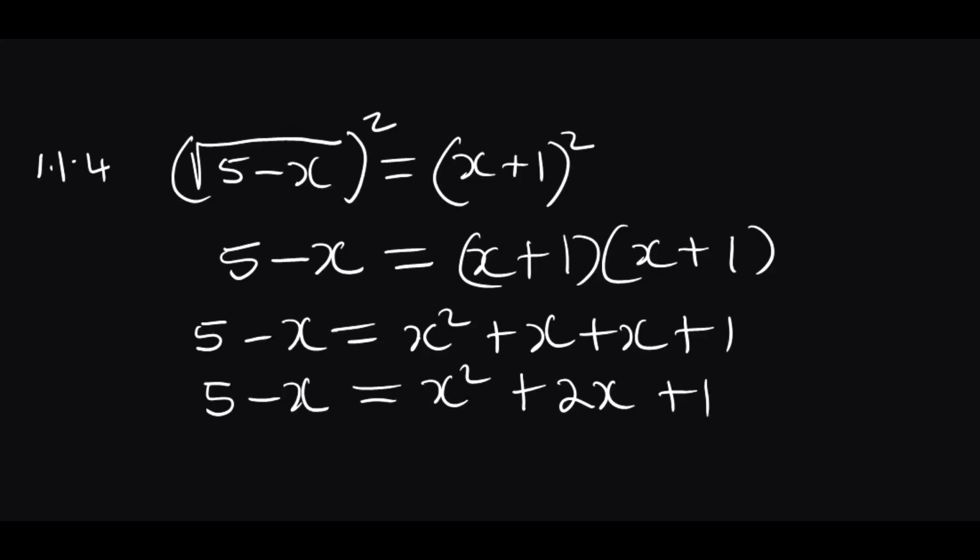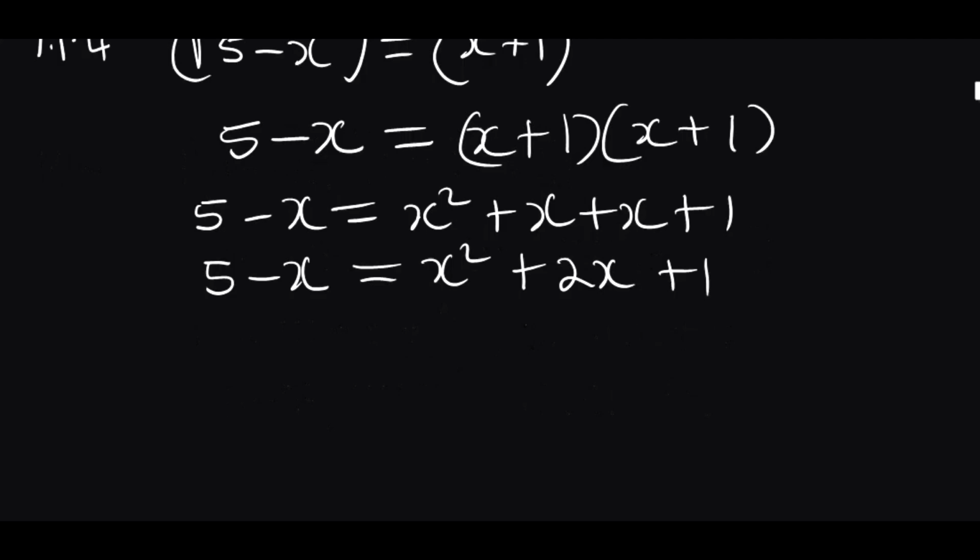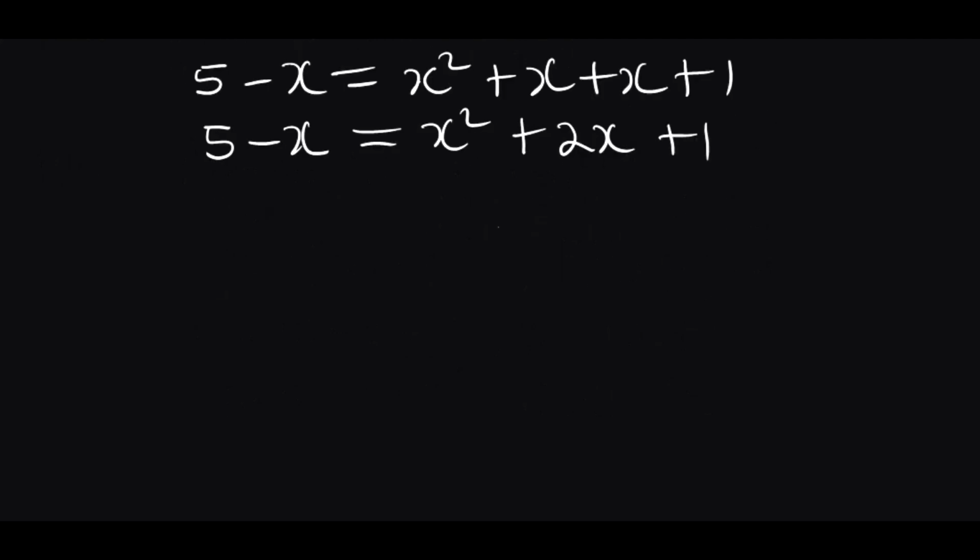Now we need to transpose. Okay. Now we will have x squared plus 2x plus x plus 1 minus 5.